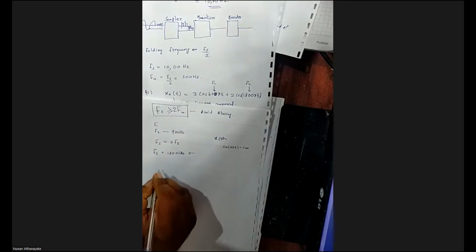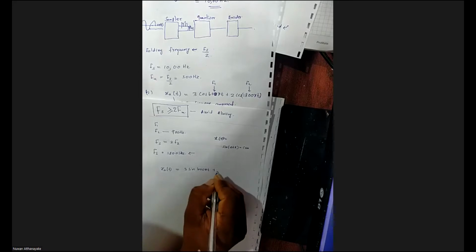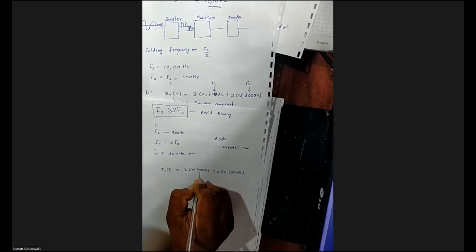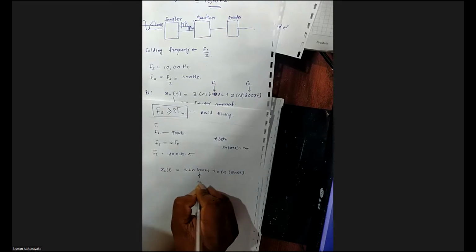Okay. So for example, if you have a sine signal, so if this x(t) is given as 3 sin 60πt plus 2 cos 100πt, again the frequency component will be 60π. The frequency component will not change.